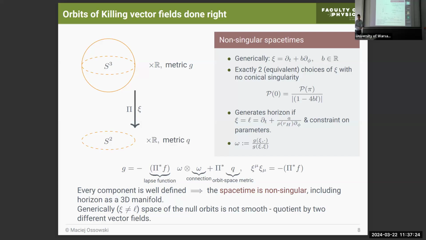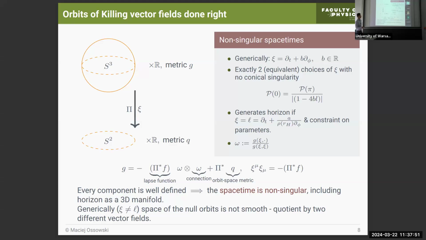However, the point is now that this vector field is not necessarily the same as the one generating the horizon. So even though I could claim that the spacetime itself is non-singular, I can even give you the coordinates in which it's apparent that this spacetime is non-singular, and the horizon itself as a 3D manifold is non-singular.